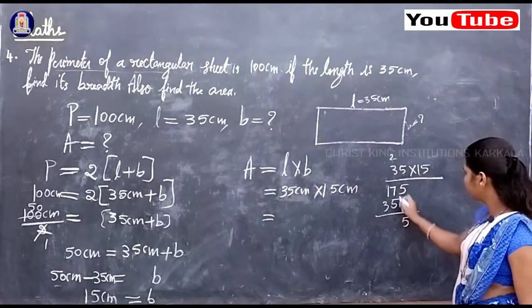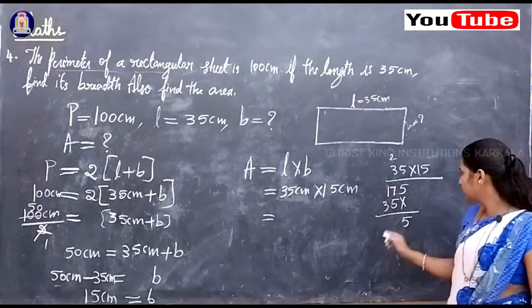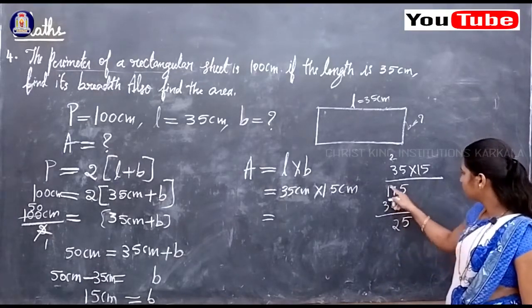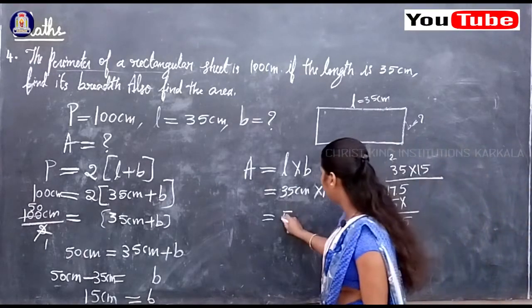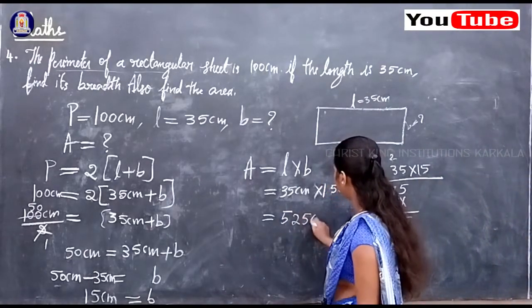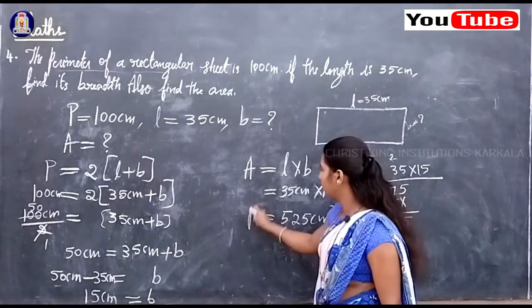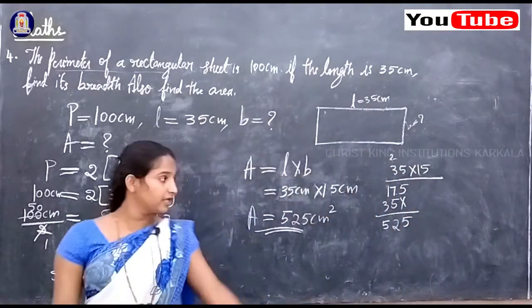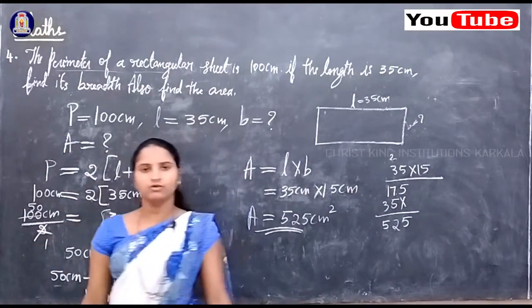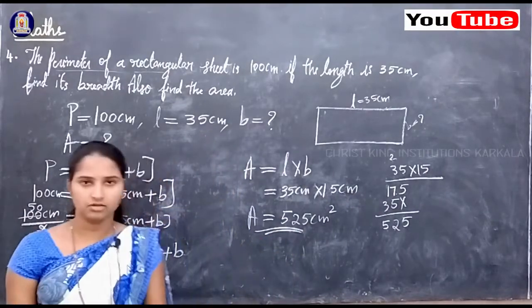So 5, 7 plus 5, that is 12. So here 525. So that is the area of the rectangular sheet. Centimeter into centimeter, centimeter square. A is equal to 525 centimeter square.